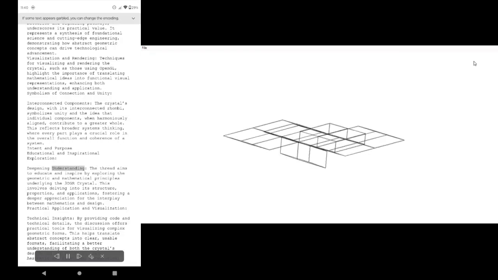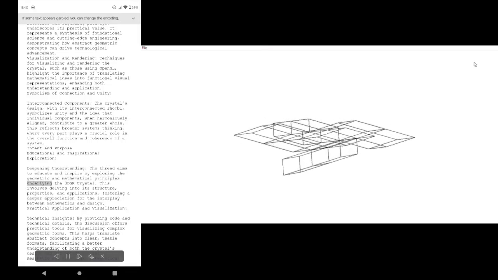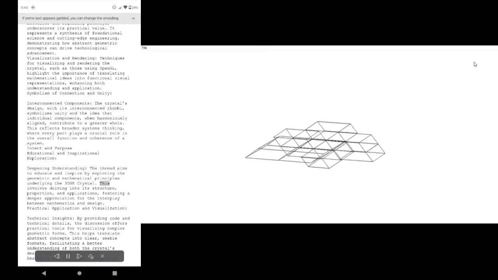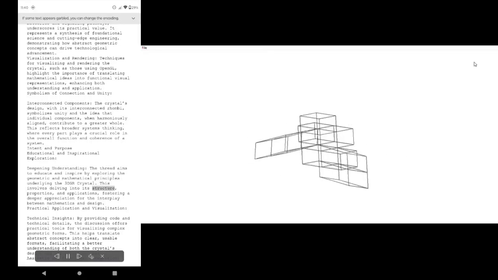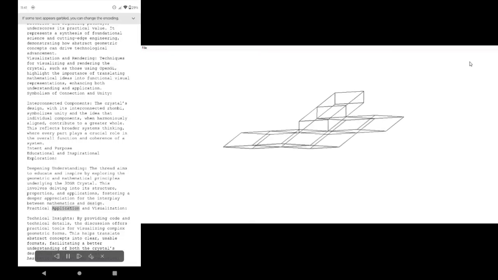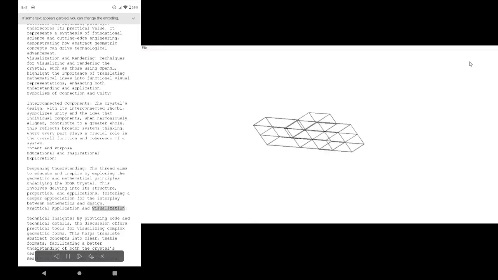Deepening understanding. The thread aims to educate and inspire by exploring the geometric and mathematical principles underlying the 3D-GR crystal. This involves delving into its structure, properties, and applications, fostering a deeper appreciation for the interplay between mathematics and design. Practical application and visualization.